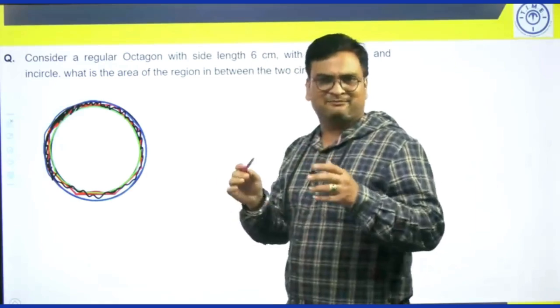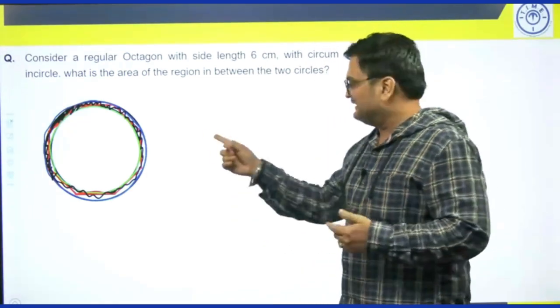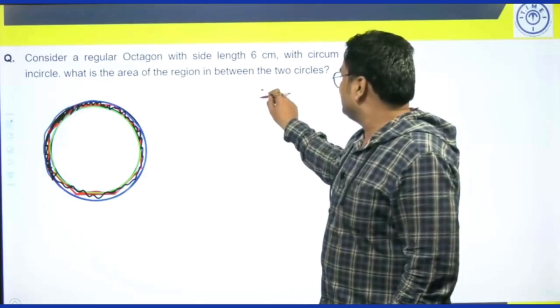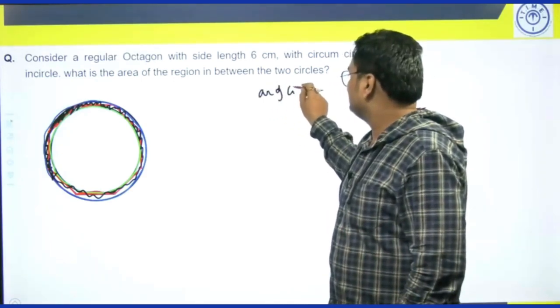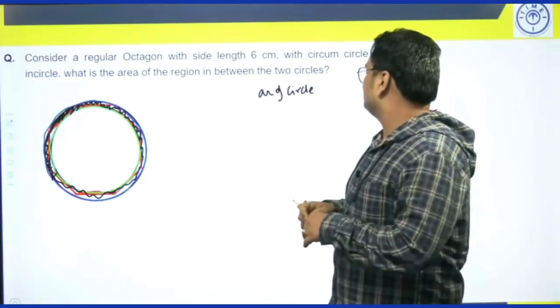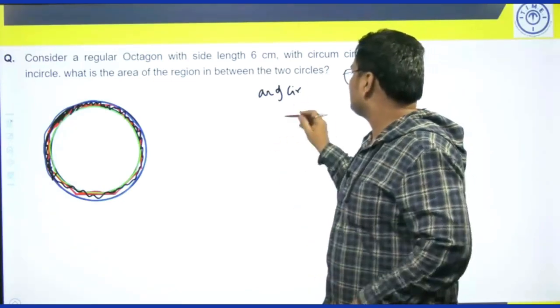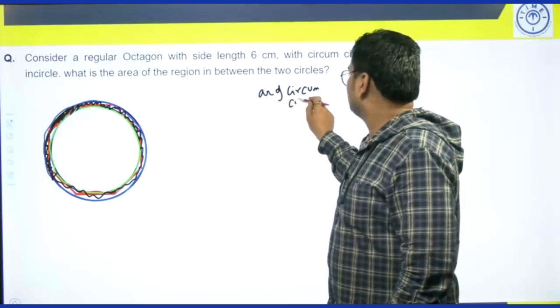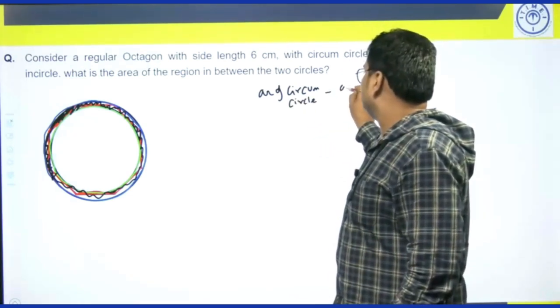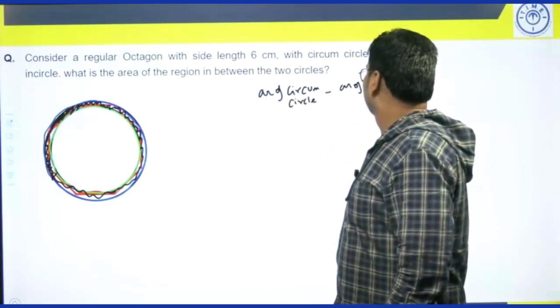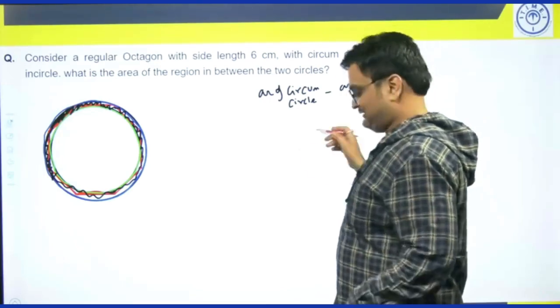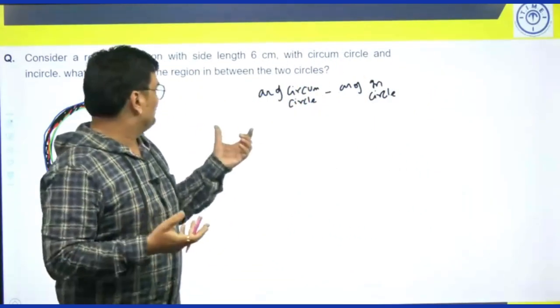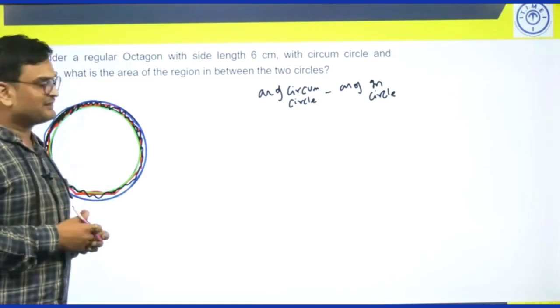It is very simple to understand that that region will be nothing but area of circumcircle minus area of incircle. I hope this is clearly visible here, right? That is how we will calculate it.